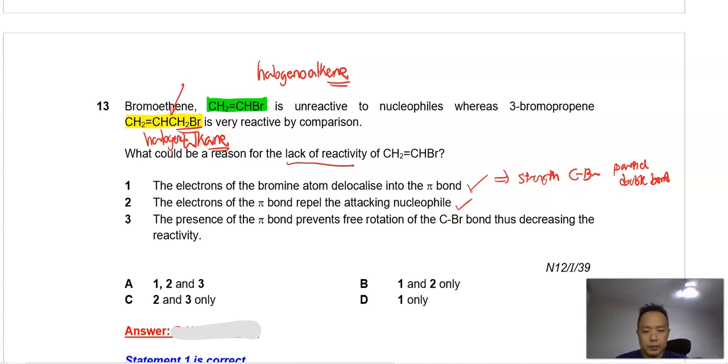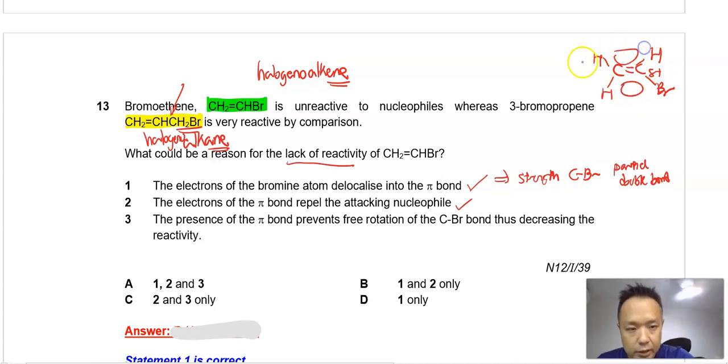So imagine if I have a halogenoalkene, in this compound here, my delta plus carbon is here, but I have my pi electron cloud here, which means that my nucleophile cannot attack this carbon because the pi electron cloud repels the nucleophile, which is electron rich. So it will stop. It will not be able to attack the delta plus carbon.